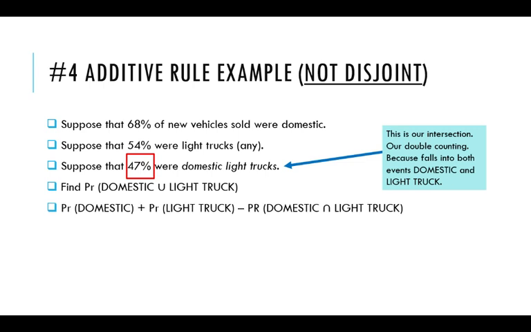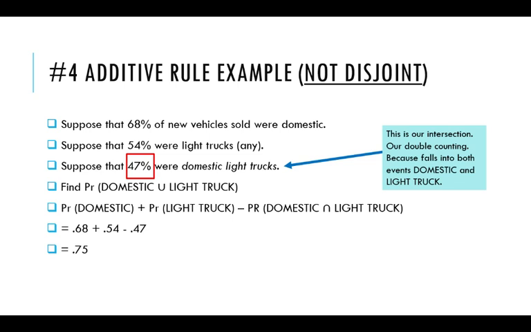We are going to take the probability of domestic plus the probability of light truck, and then subtract the overlap, which is the probability of a domestic light truck, right? The overlap between domestic and light truck. So to do this, I need to take probability of domestic, which is 0.68, plus the probability of light trucks, 0.54, and subtract the probability of the overlap, which was double counted, the domestic light trucks, 0.47, and that is going to give me 0.75.